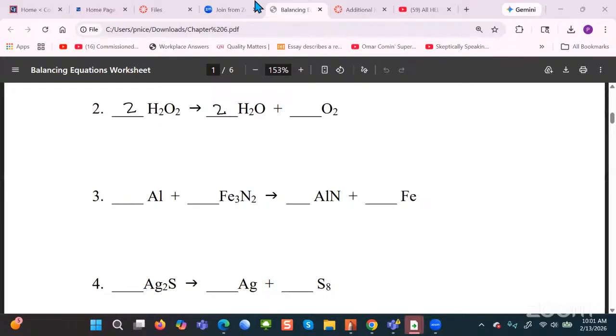Okay, so this is Javon, and he is saying that, yep, that's correct. So 2, 2, and 3 would be the answer for number three. Very good. Any questions about that one?